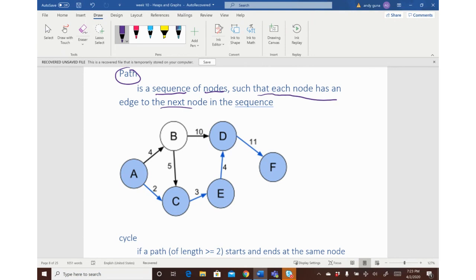So you could take a path from A to D. The path from A to D would be A to C, C to E, and E to D. And each of the legs in this path has a weight. And we can say the path length is the total of the weights.